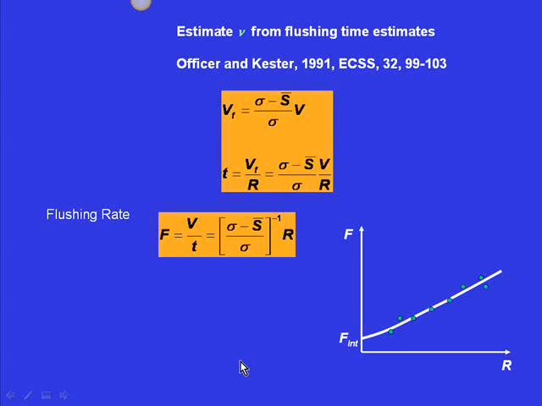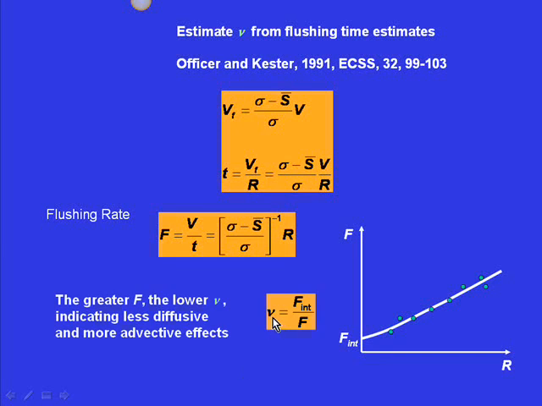Then if you fit a line and bring it to the origin, you can calculate the diffusive fraction of the salt flux by dividing this intercept, that is the flushing rate at zero river discharge, by the flushing rate at the time of your observation.